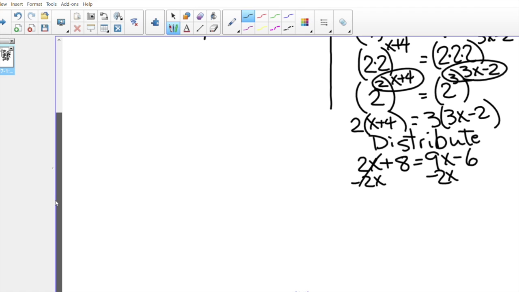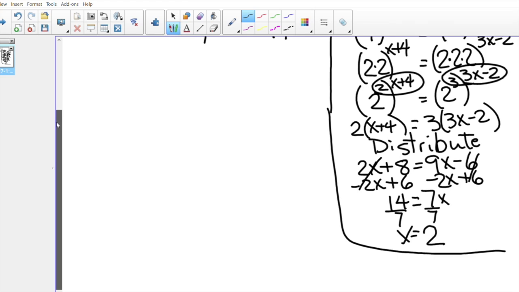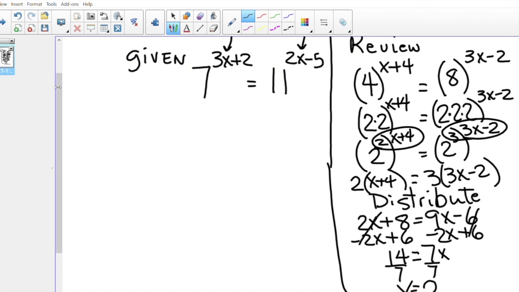If you're getting rid of the x's on the left-hand side, we need to get rid of the constant on the other side. So that would be 14 equals 7x. Divided by 7, x is 2. Now, that's when you could change the bases to the same power.